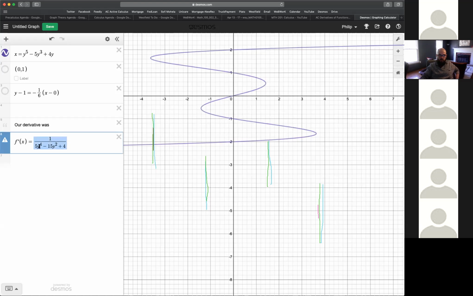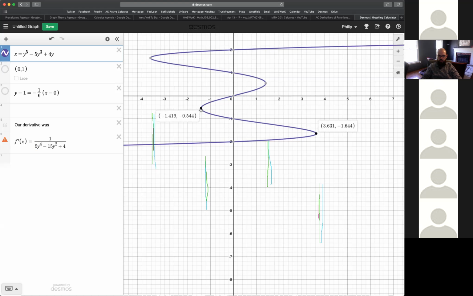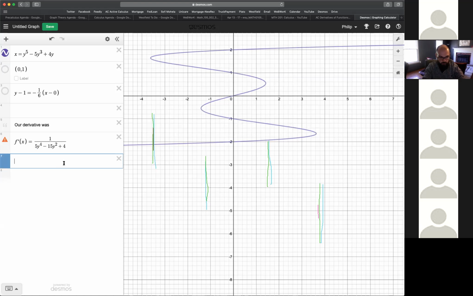And so looking at this expression, the slope of this is just not going to exist when the denominator is 0, right? So any y value that produces a 0 in this denominator should line up exactly with these points, right? So these y values, 1.644, 0.544, these should be the zeros of our denominator.